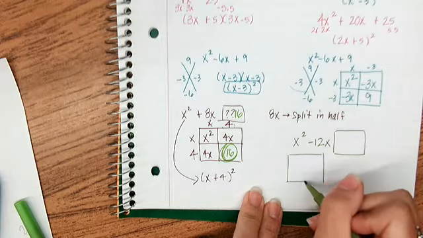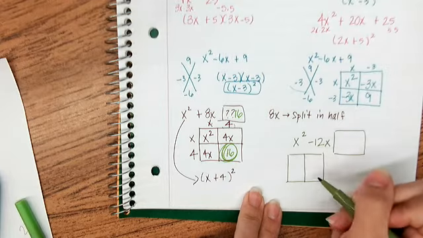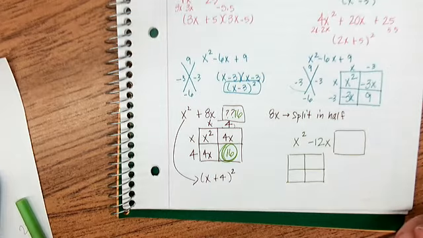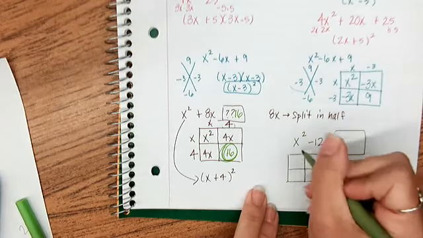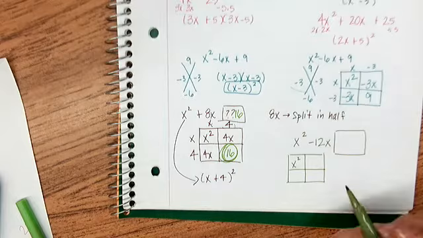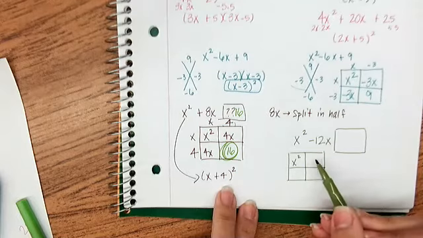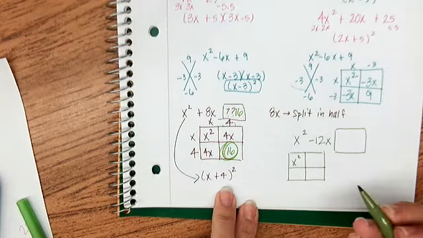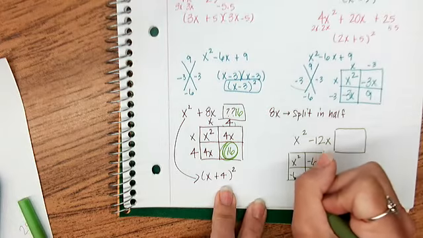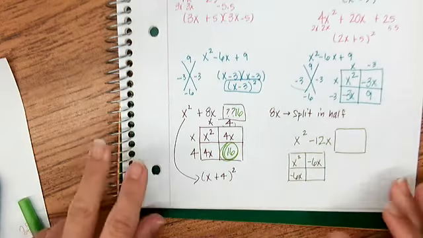I'm doing that because I think it helps you visually. Okay, so first box, first term. Great. To get these two boxes right here, I'm going to split it in half, which would be negative 6x and negative 6x. I'm working backwards.